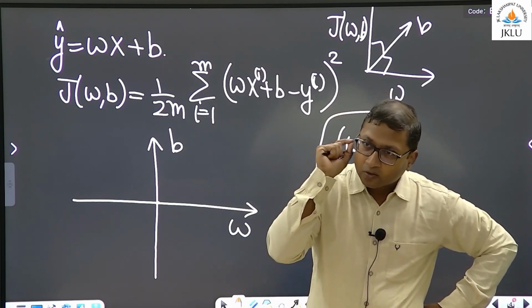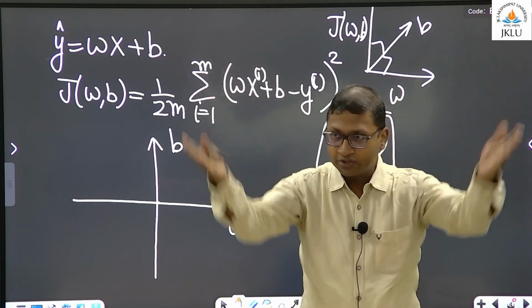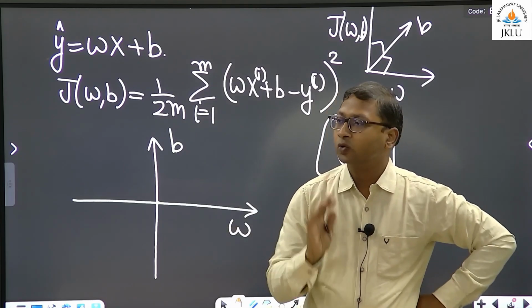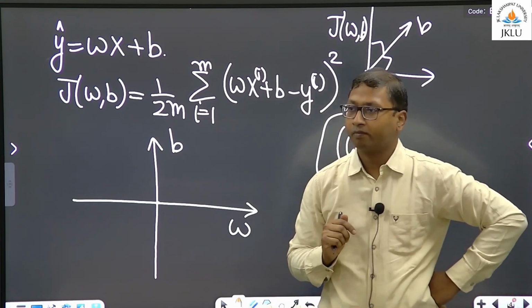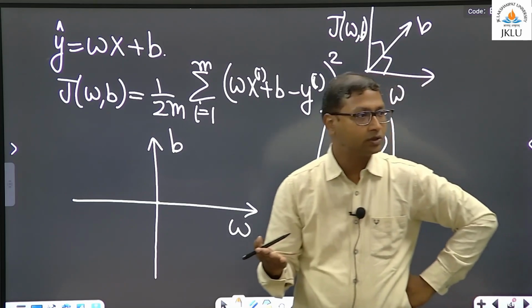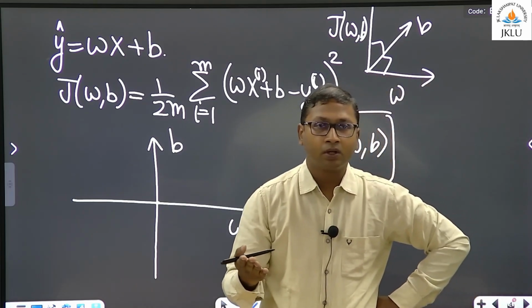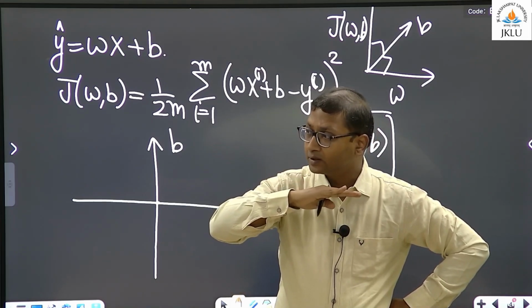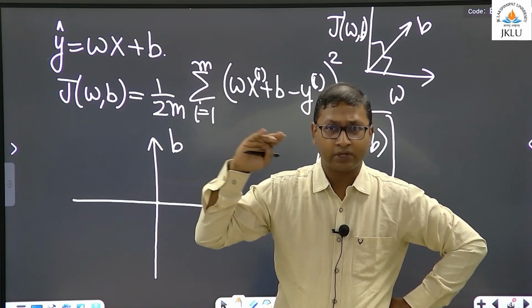So if my cost function is bowl shaped, you have to tell me what the contours are for it. How do we define contours? Those points where my cost function takes the same value. Can you help me figure out?